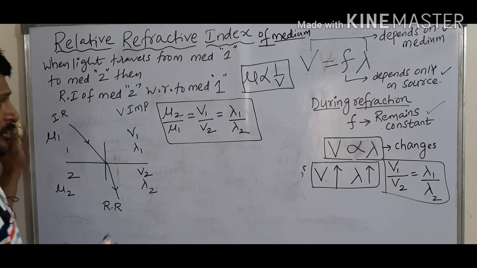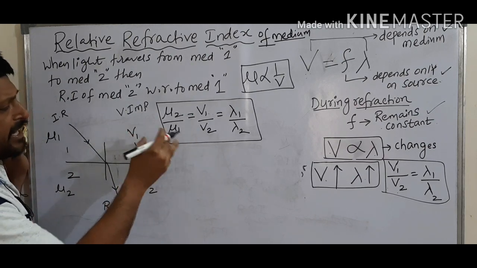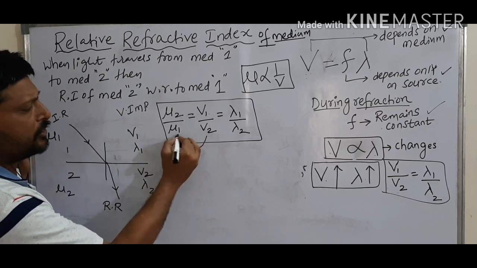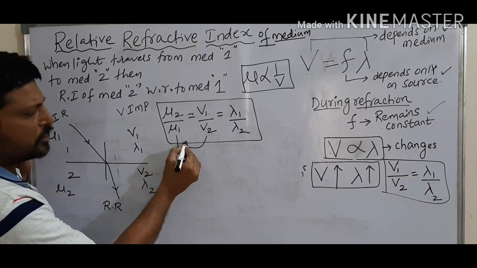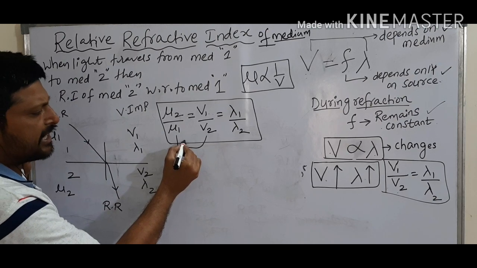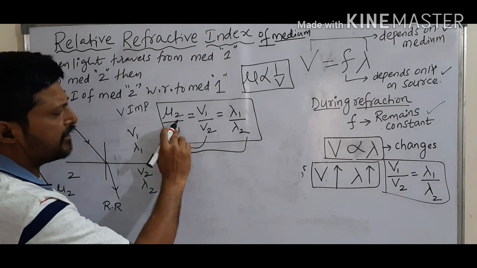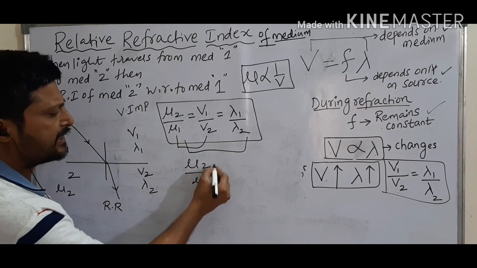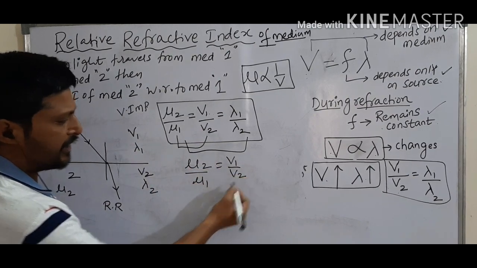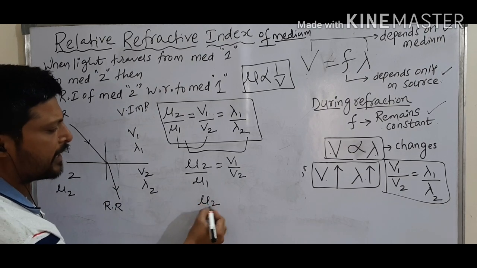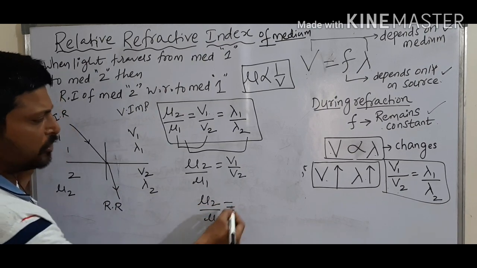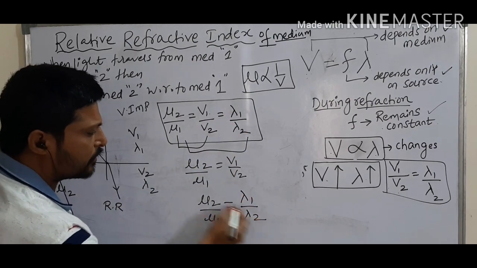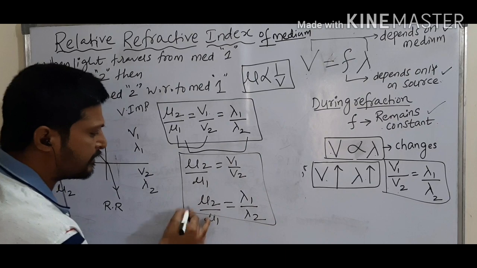If a question is given in terms of refractive index and speeds of light, use this relation. If the relation is between refractive index and wavelength, use this one. mu2 by mu1 is equal to v1 by v2, and mu is inversely proportional to wavelength, so mu2 by mu1 is also lambda 1 by lambda 2.